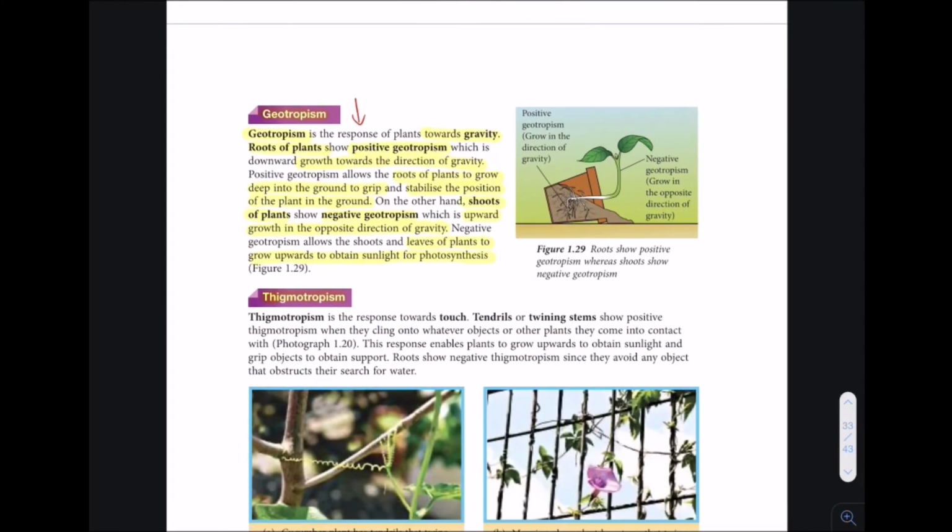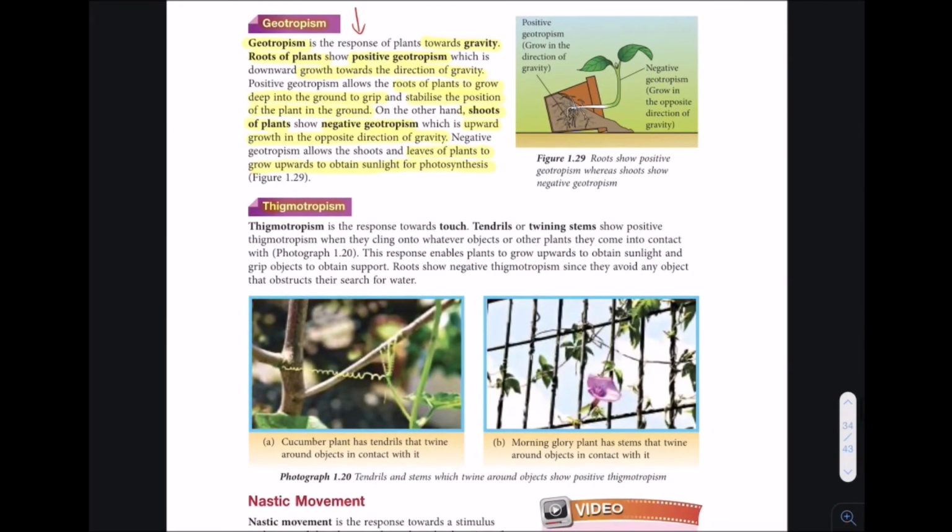Okay, so let's move on to tecmotropism. Tecmotropism is a response towards touch. Tendrils and twining stems cling on to whatever object or other plants that they come in contact with, also known as positive tecmotropism.